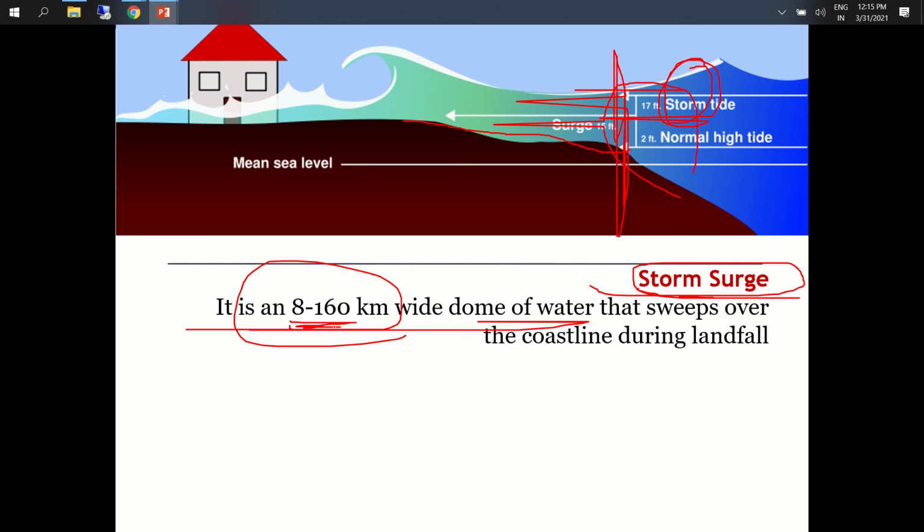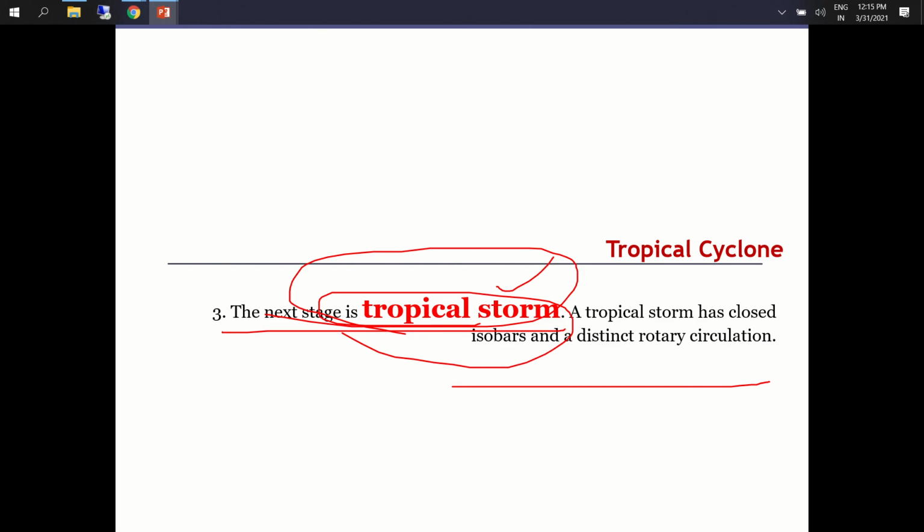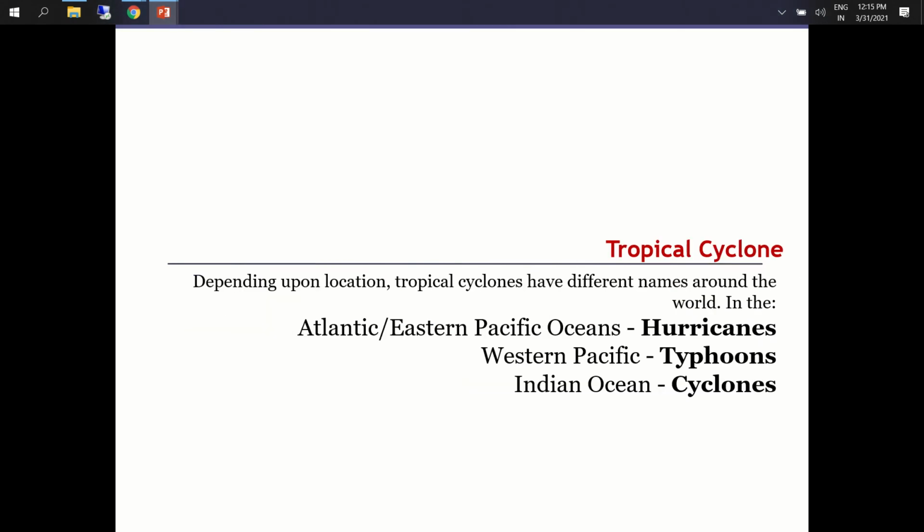So the actual impact of the cyclone is the storm surge that takes place, and the intensity of rain and wind it brings onto the land surface. This is how the tropical cyclone is formed. Depending on the location, these tropical cyclones can be classified as hurricanes, typhoons, and cyclones.